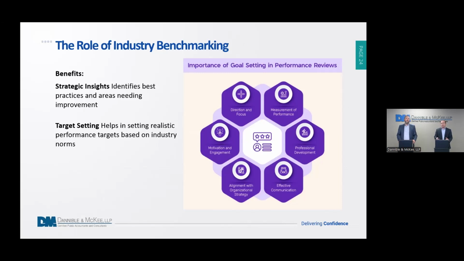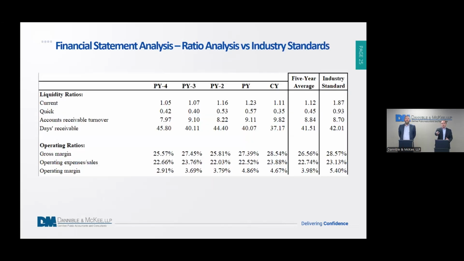What's going on there? And right here, you'll see it's the same graph as before, where the company is comparing their 5 years of data for each ratio, and then at the end, you bring in the industry standard. So if we look at gross margin, for example, our 5-year average is 26, and the industry standard is 28, right?